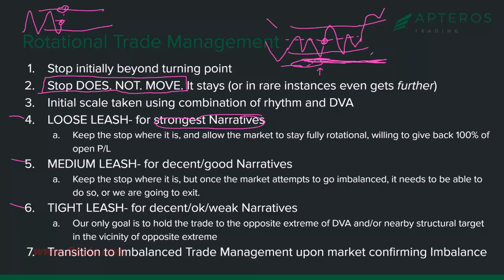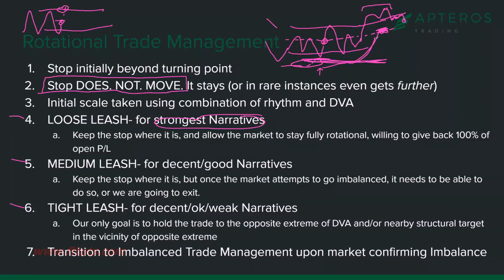But once the market tries to go imbalanced, like we drew right up here, well, now we're shifting to imbalanced trade management. So the stop, for the first time, can come up here, below the 0.5 area, halfway to VWAP, something like that. Or just in general, it just needs to work. And if we come in here and start to hold and we can't get back out, the sellers start to push it down. That's not looking good, right? We could exit. That's more of a medium leash.